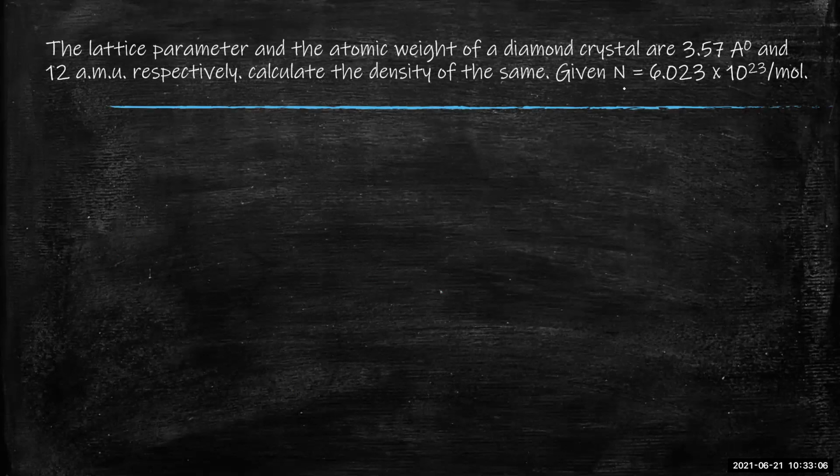Then the answer you obtain will be in the unit gram per meter cube. Then we have to change it to kilogram by dividing by 1000. Okay. The same question.